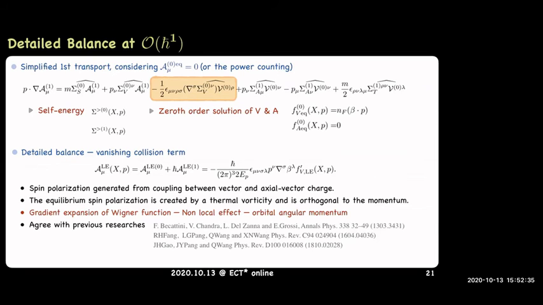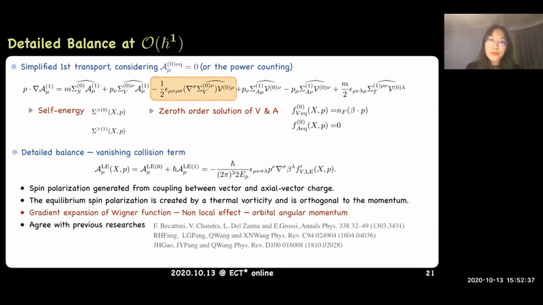Detailed balance requires that the collision term vanish, and I solved the equation in the first line by requiring that the collision term vanish, and it gives the solution for the equilibrium A mu, the first order equilibrium A mu. Okay.